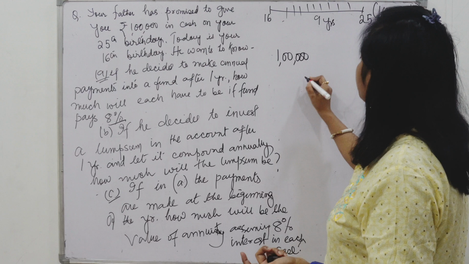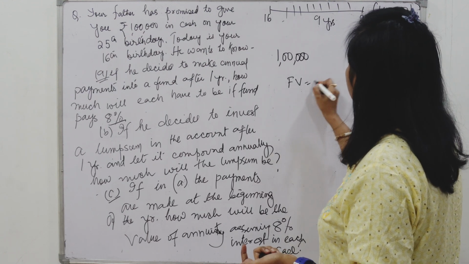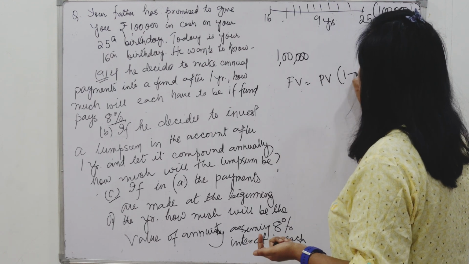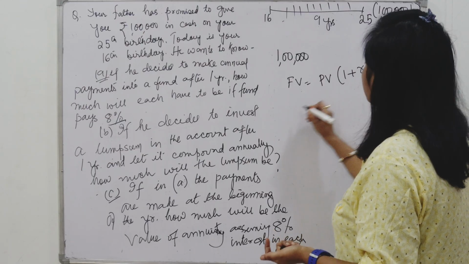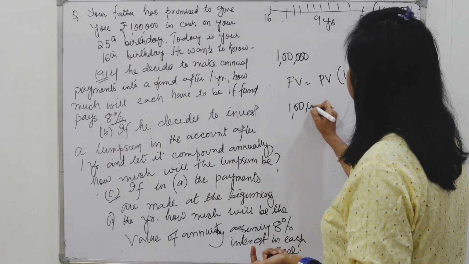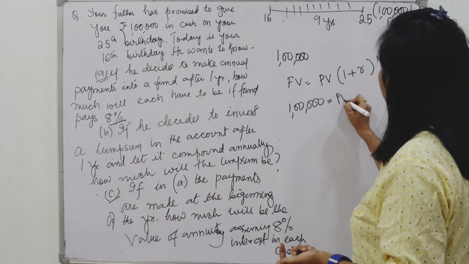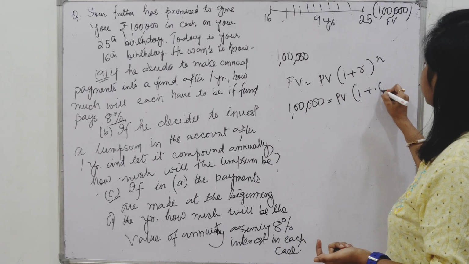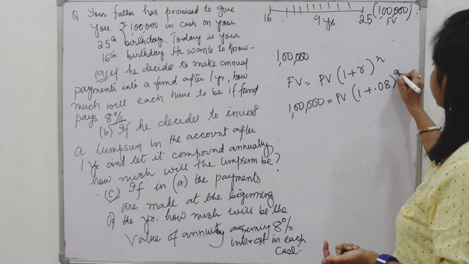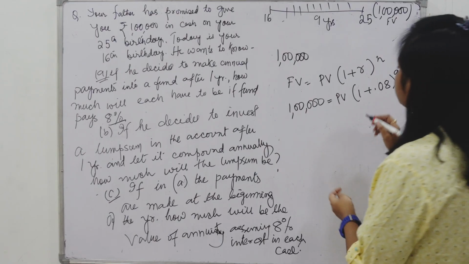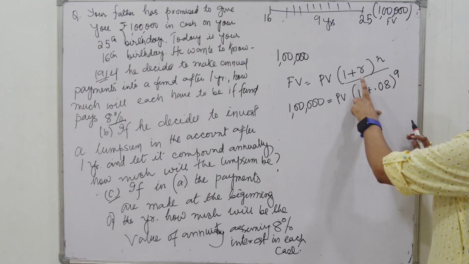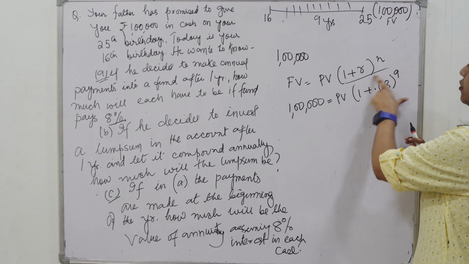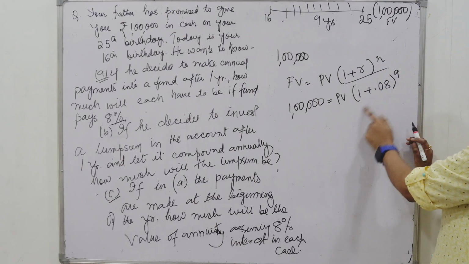So simply you have to put the formula of future value is equal to present value into (1 plus r) to the power n. So future value, you know, 1 lakh. What your present value is not known, but you know 1 plus r is 8%, to the power n is 9 years. So this is your future value factor. You can find out future value factor from the book, or you can simplify this.